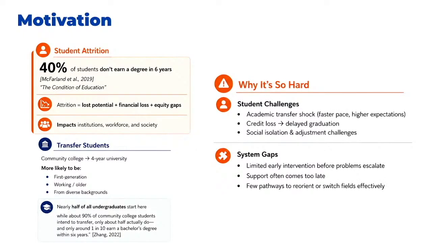Our goal was to flag these at-risk students as early as possible, because dropout is not just causing them a huge financial loss, but also the university gets a loss, like a reduction in our funding.